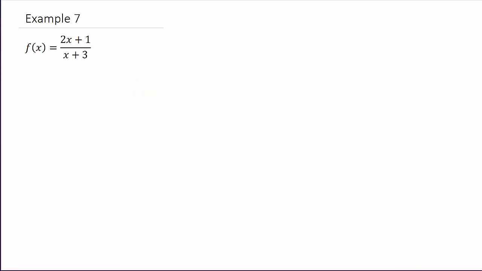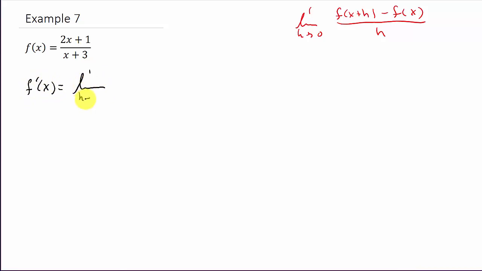Let's write the formula here. So I've got limit as h goes to 0, f of x plus h minus f of x, all that over h. Alright, so we have the derivative is equal to the limit as h goes to 0.